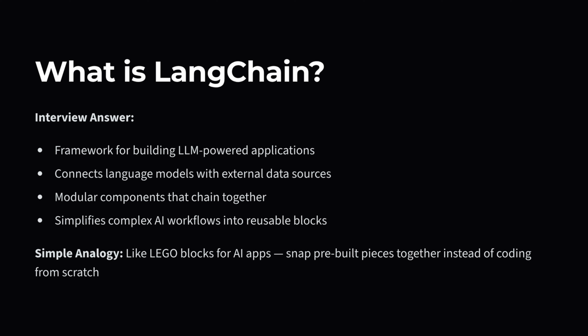Companies love this because it cuts development time from weeks to days, especially for support bots, search tools, or finance assistants. Imagine an app that answers questions using internal manuals. LangChain handles the plumbing so the model focuses on the answer.